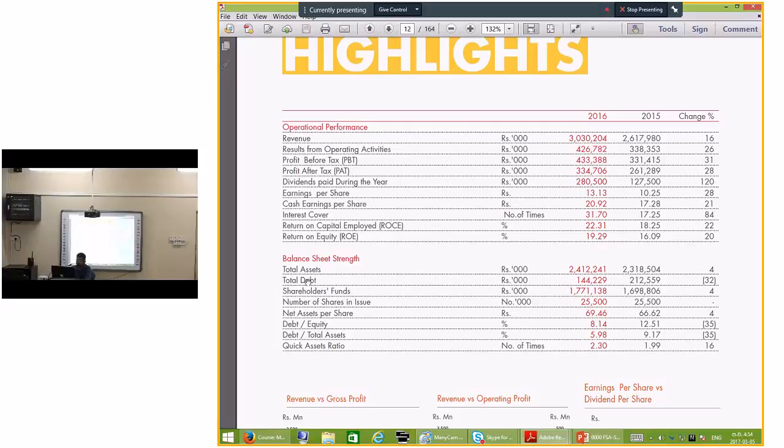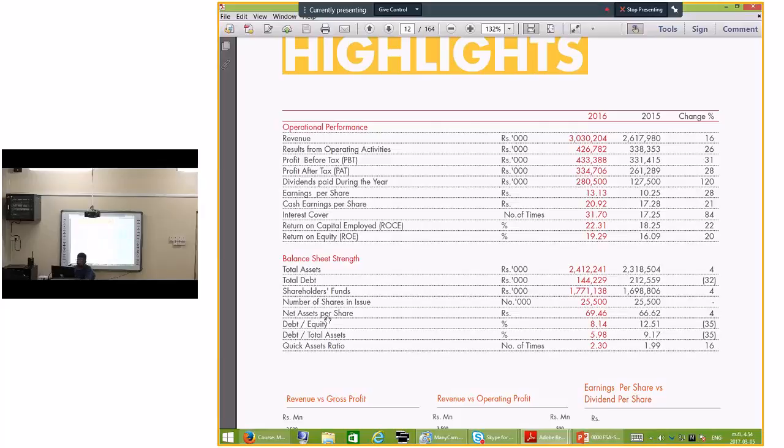But total debt, if you compare the previous year and this year, decreased by approximately 80,000, no? Then 32%. Shareholders' funds increased by 4%. Number of shares in issue remains the same.